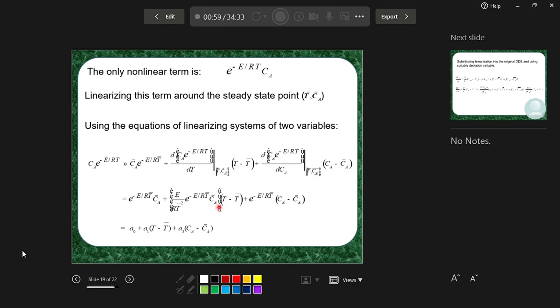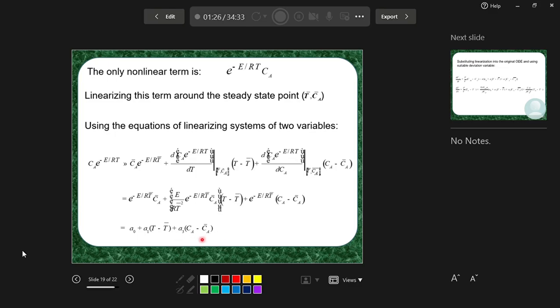Doing this first differentiation and the second differentiation, and substituting and replacing these constants. This will be a constant, of course, because it involves only steady state values. This is another constant, this is another constant. So our equation will be a0 plus a1 T prime plus a2 Ca prime, which is a linear differential equation.